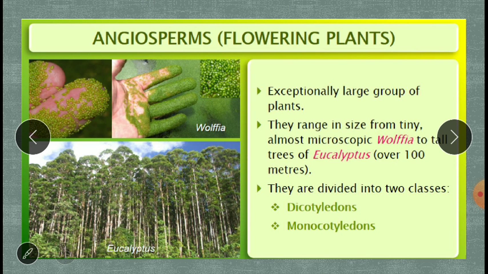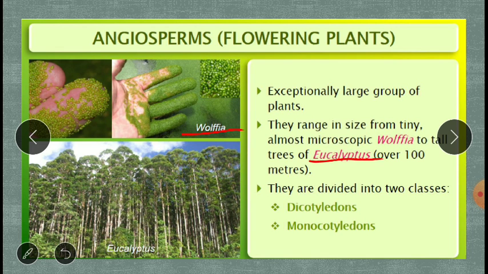These angiosperms are an exceptionally large group of plants, and they are not only large plants, but they can be of the size of almost tiny microscopic plants like Wolffia to tall trees like the eucalyptus, which grow over 100 meters in height.